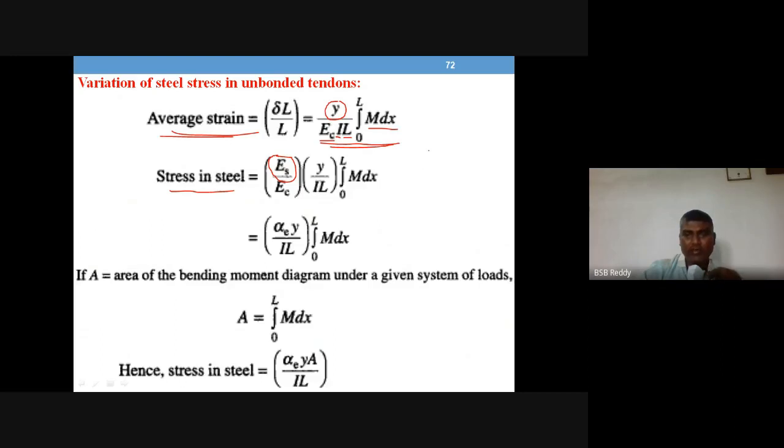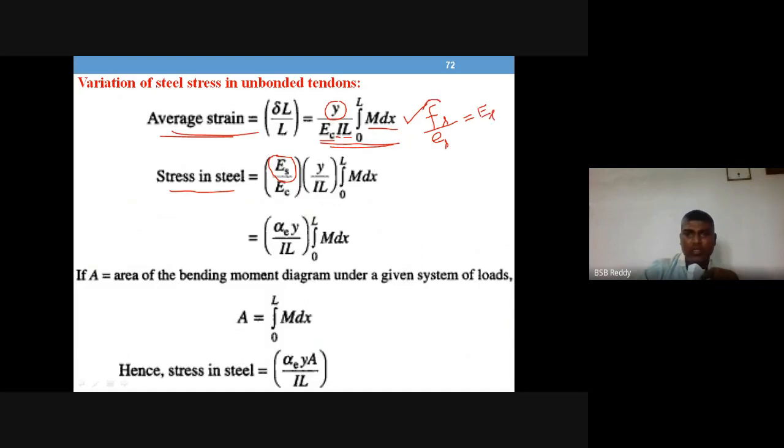Now we got the strain value of concrete that is equal to strain in steel, because as I told you, strain compatibility shall be there. So stress in steel divided by strain in steel is equal to Young's modulus of steel.